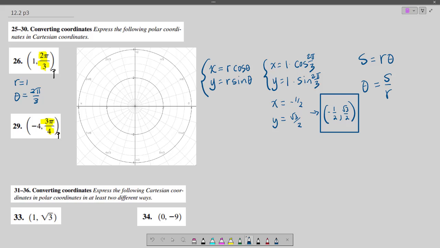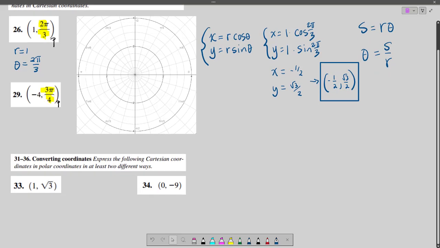Okay, this one, we can do the same thing, no problem. So x is going to be r, which is a negative number, that's fine, times cosine of 3 pi over 4. And y will be negative 4 times sine of 3 pi over 4.